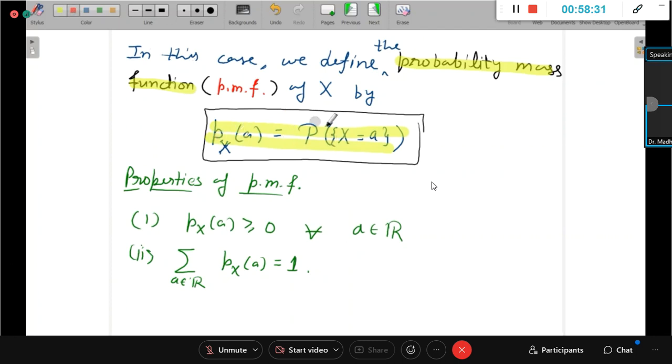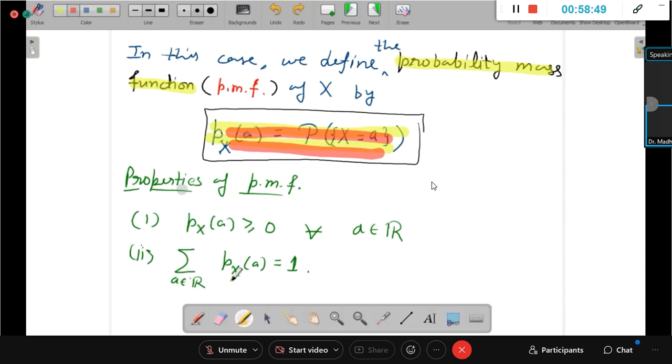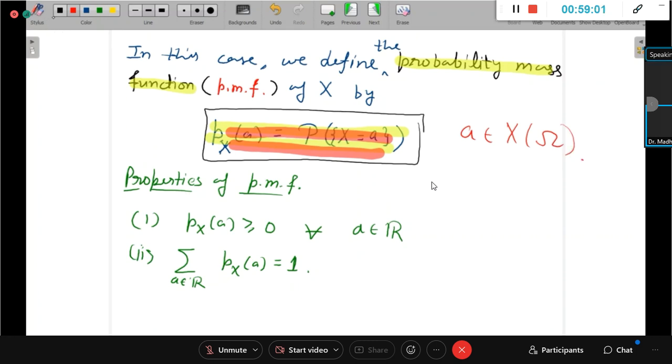Because X assumes discrete values, it can take X equals a, where a belongs to the range space X of omega.